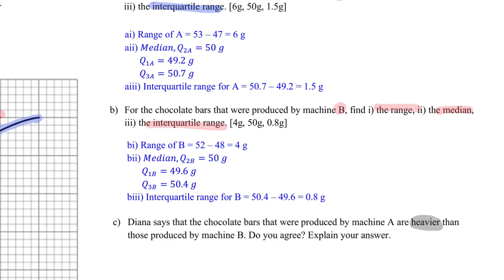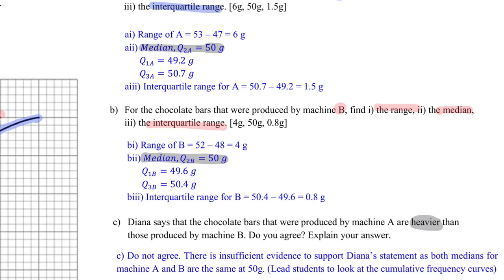Very good. Median. We should look at the median in this case. And the median for both machine A and machine B are the same. So I will disagree, or I do not agree. Okay? Since the median for both machine A and B are the same.